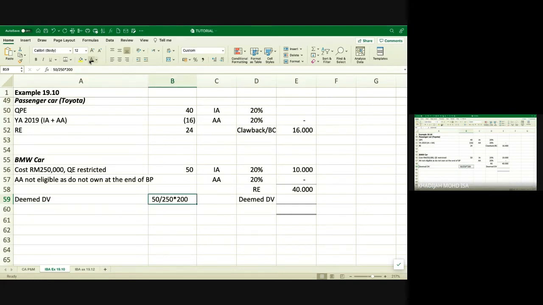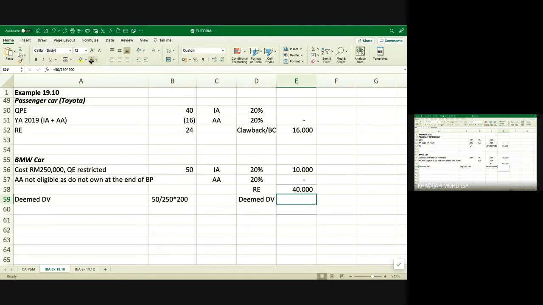How to restrict? The cost is 250,000 and the restricted value is 50,000. Total cost is 250,000. The disposal value is 200,000. So you apportion, right? Apportion accordingly. So your deemed value would be, how much is that? 50 over 250 times 200.